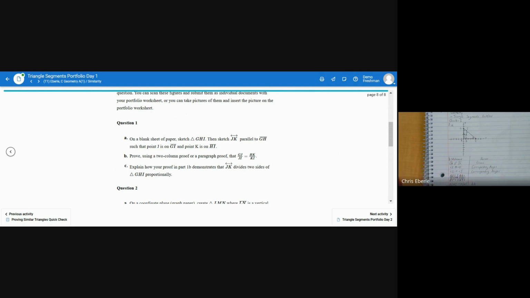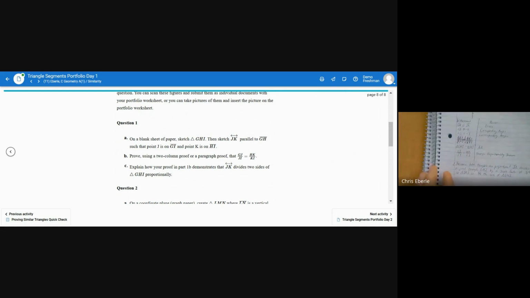All right, B says prove using a 2-column proof or a paragraph proof that GJ, so G to J, is proportional to J to I, and that HK right here is proportional to KI. So what I did was I just wrote out a 2-column proof and talked about that process.